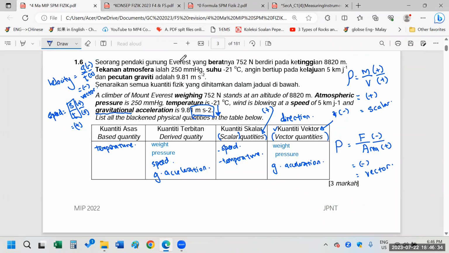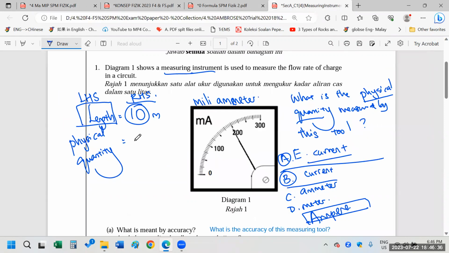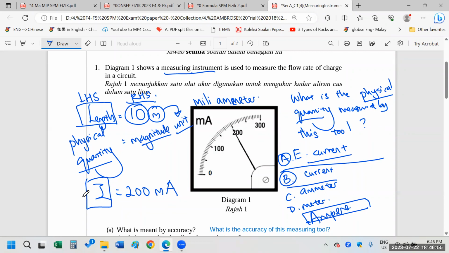Then what is m? m is called the unit. Normally the reading we write is I equals 200 milliampere. On the left hand side, I is the physical quantity, 200 is the magnitude, and ampere is the unit.